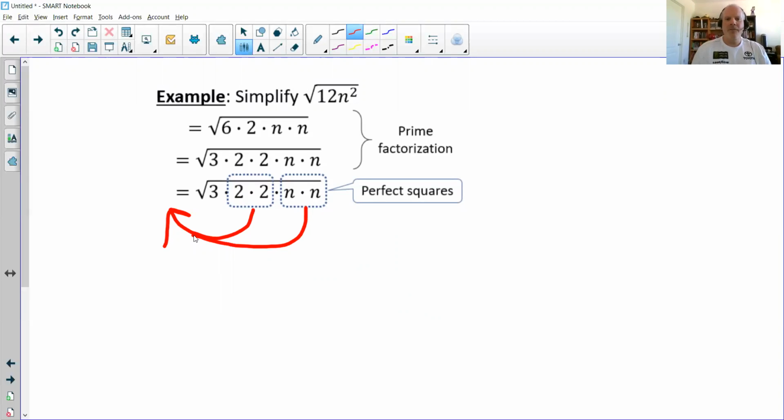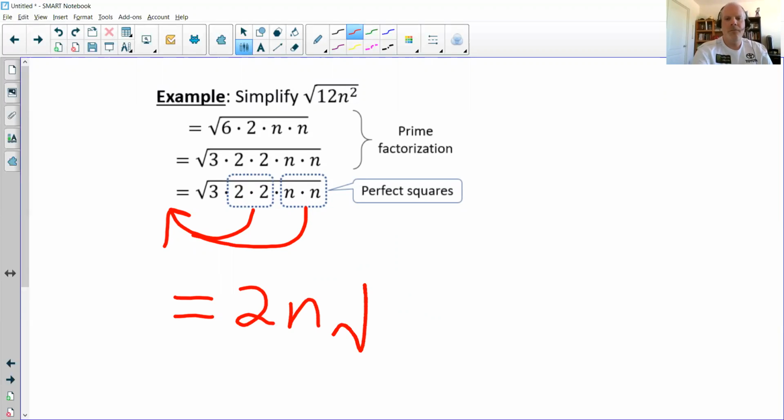So what I'll be left with is 2 times 2 is 4, and when I square root 4, I get 2. So this will equal 2n radical 3. Now the 3 is still here because we never square rooted that 3.